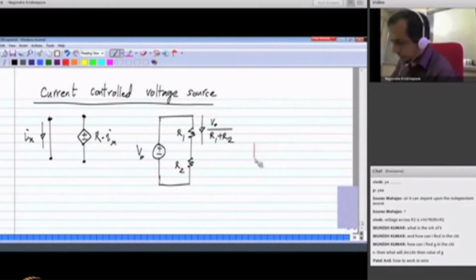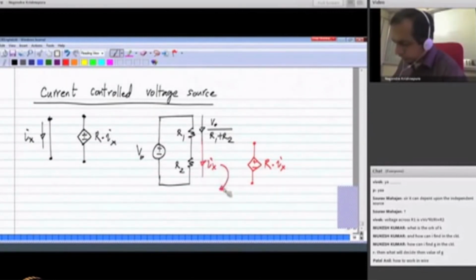And let's say I have a current controlled voltage source, and it is defined to have a value R times Ix, and in this case let's define Ix to be the current flowing in R2.